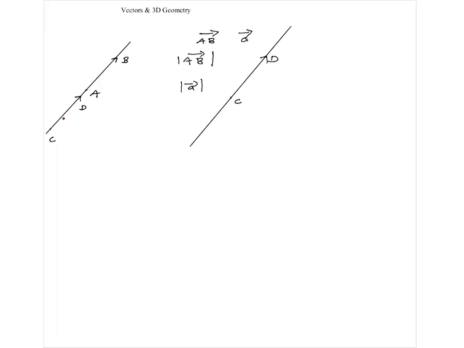In the case of parallel vectors, their magnitudes don't have to be equal. It is basically either the same support or parallel support, as simple as that. Support is a line. A line has infinite length. Either the same support or parallel support.